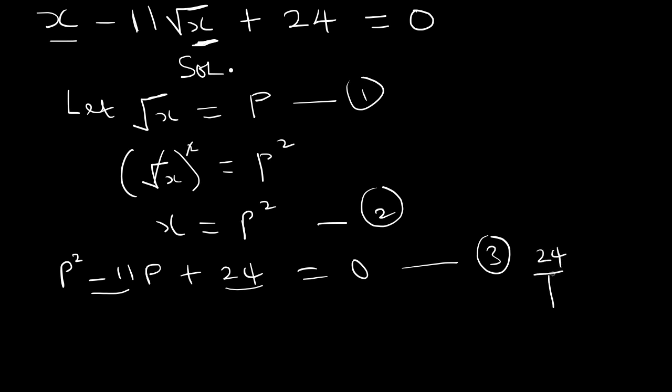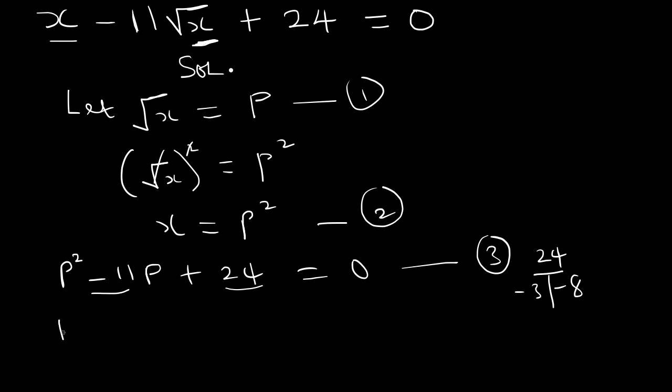And if we sum them or add them up, the result will be minus 11. So without wasting time, the two numbers are minus 3 and minus 8. Because minus 3 times minus 8 will give us a positive 24. And if we add up minus 3 minus 8, we will get negative 11.